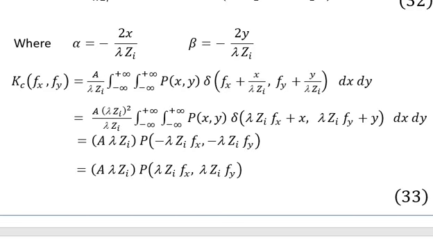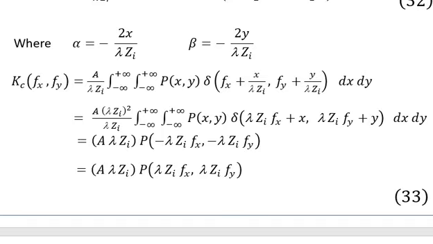Now in order to evaluate this integral, we need to replace the arguments in the function p that has x and y by the arguments of the delta functions. So you see that the arguments of the delta function will be 0 and 0 only when x is equal to minus lambda zi fx and y is equal to minus lambda zi fy.